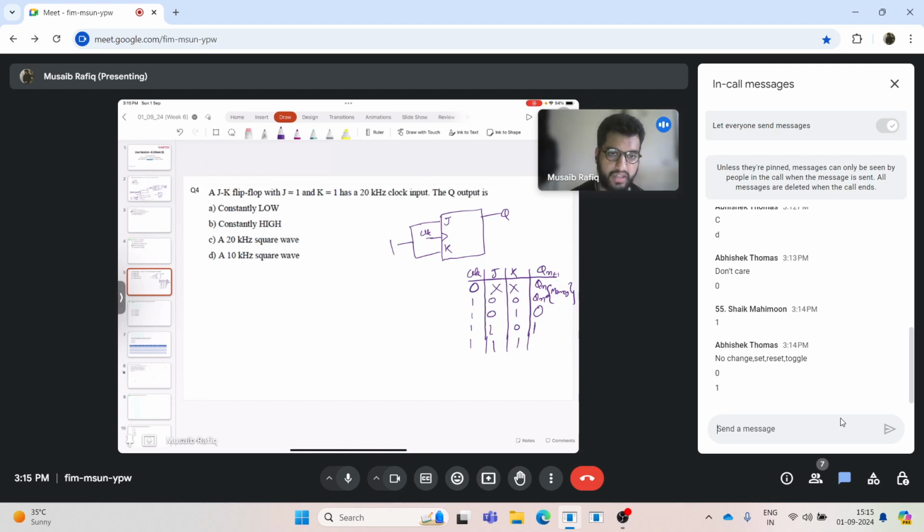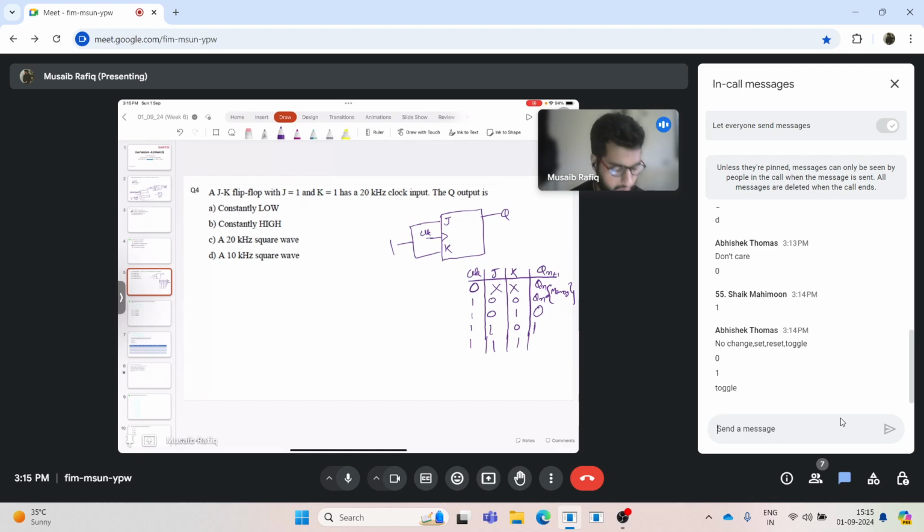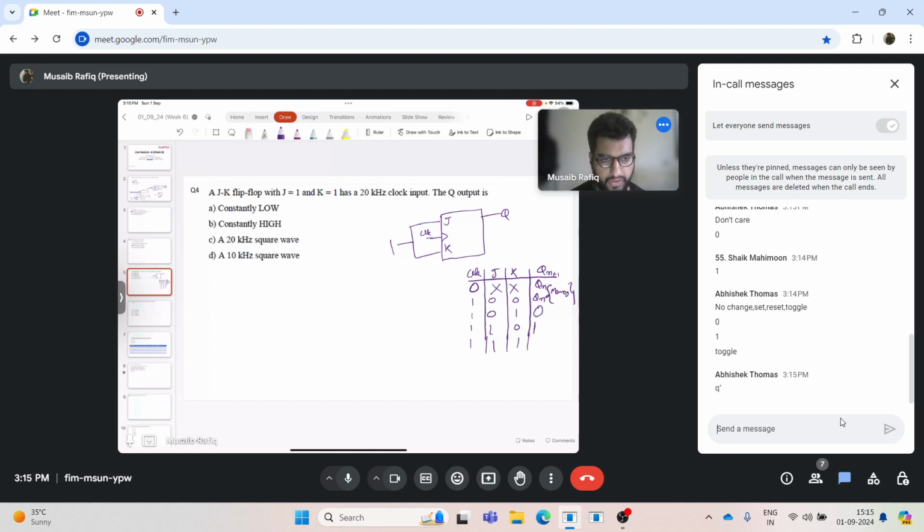And finally for the condition 1 1, toggle. And how do we represent toggle? Correct. Thank you very much. Thank you for your responses. So it will be written as Qn bar. So this will be toggle, right?